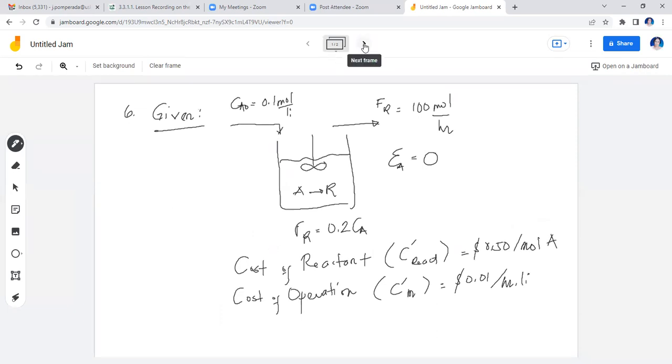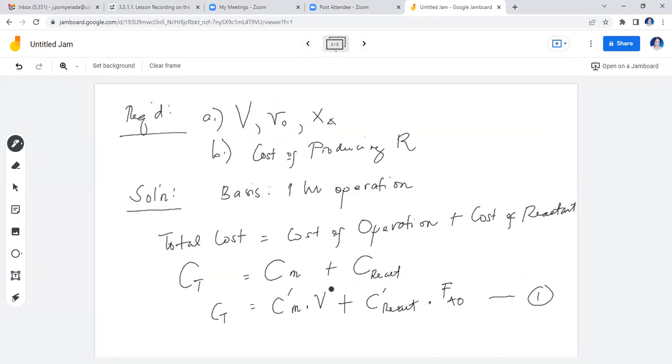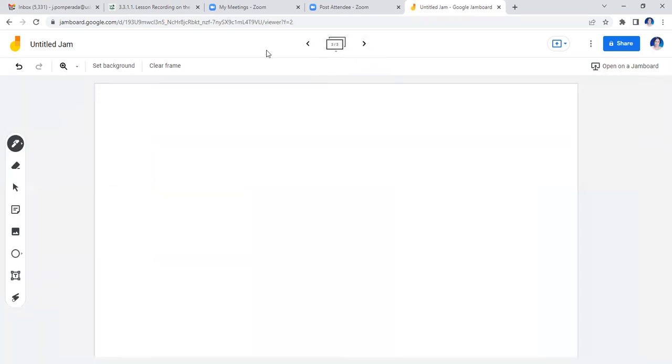So then we need to find the volume of the reactor, the same as the volume of the system inside the reactor because we have a constant density system. I'll go to the next slide. If you are to determine the V here, what equation do you need to set up, or from what particular equation will you take it?